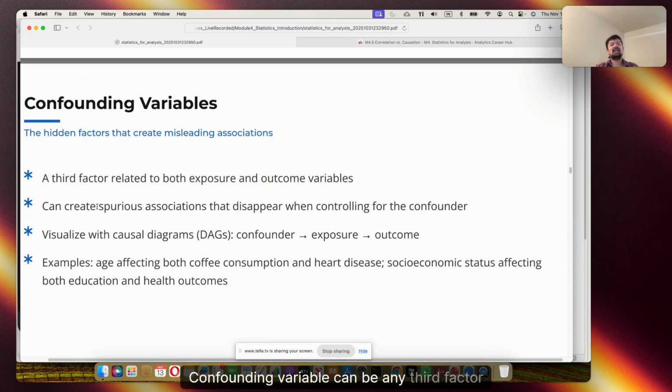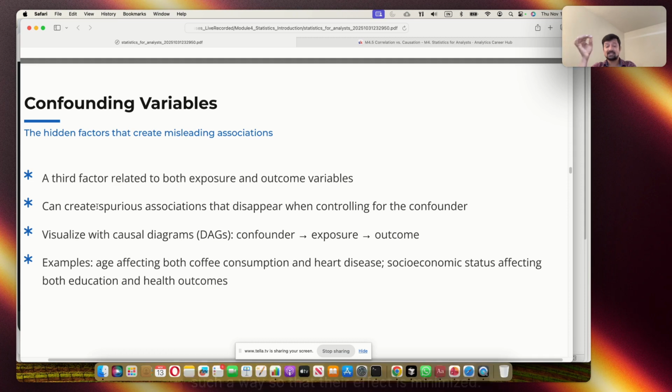A confounding variable can be any third factor related to both the exposure and the outcome variables. It can be associated with both, and it affects the outcome variable in terms of the exposure. So you need to identify those confounding variables. When you are doing this association analysis, this correlation analysis, you need to either remove the confounding variable, or treat it in such a way that its effect is minimized, and we'll see how to do that.